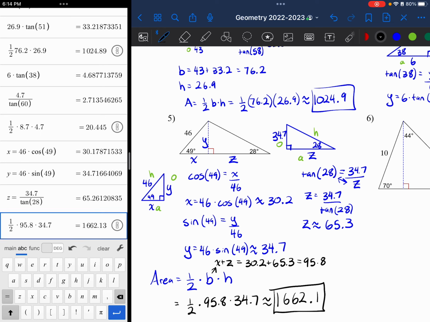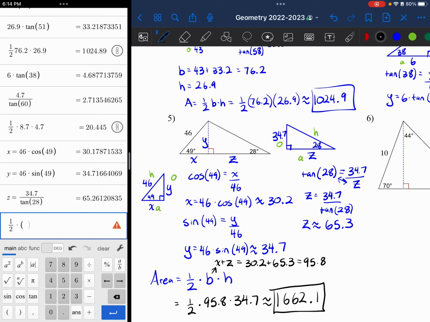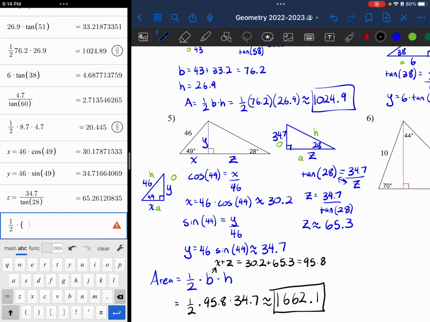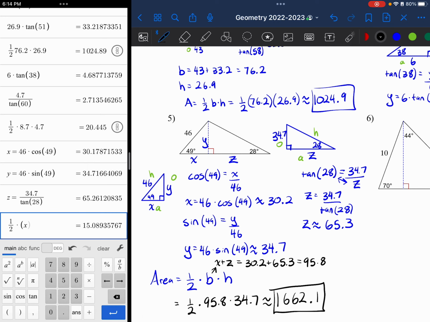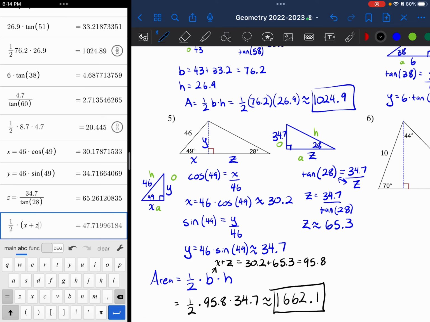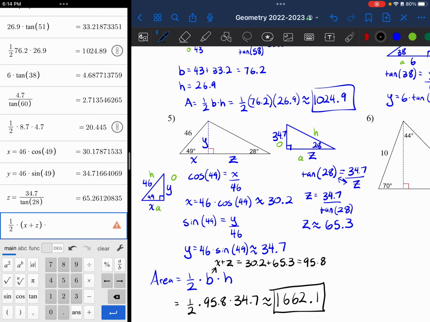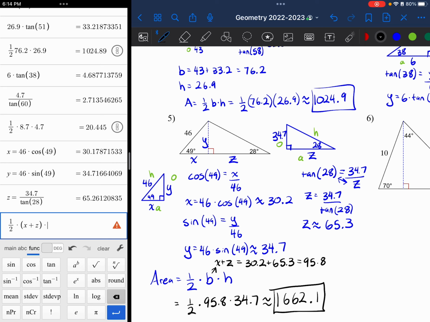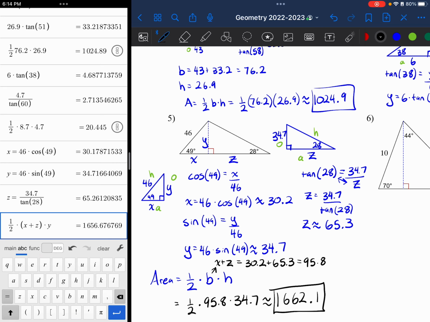What I can do in here, instead of typing in these values, is use those letters now. 1/2 of, start my parentheses, x plus z, and then that was being multiplied by the height, and height was y. So times y.